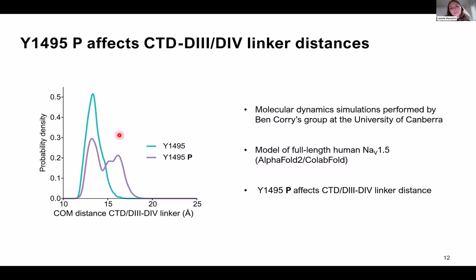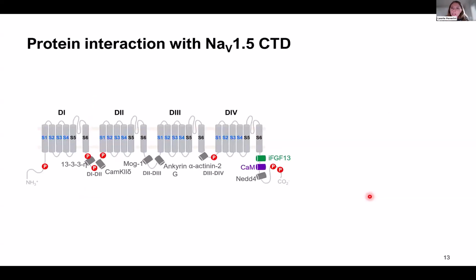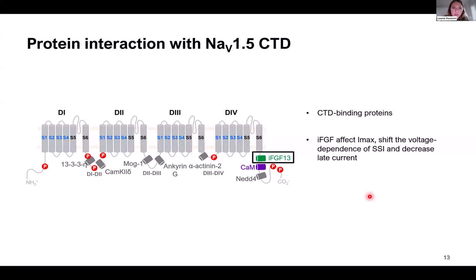And because this phosphorylation was affecting the C-terminal domain D3-D4 linker distance, we were interested to look at CTD interacting proteins. And we decided to look further at the FGF family, a family of proteins that interact with the globular domain of the NaV1.5 C-terminal domain.